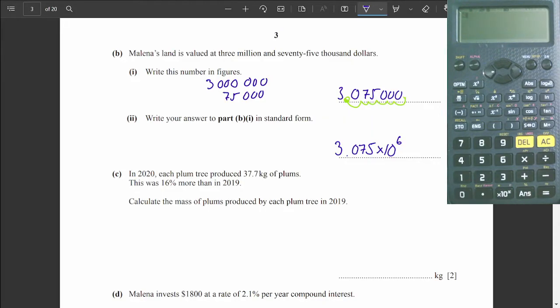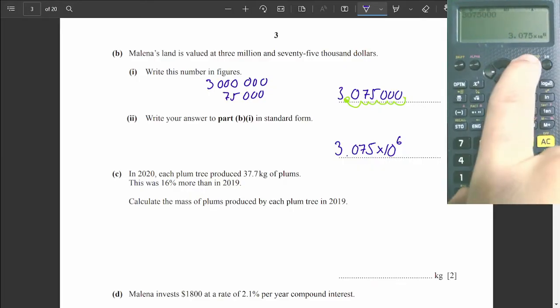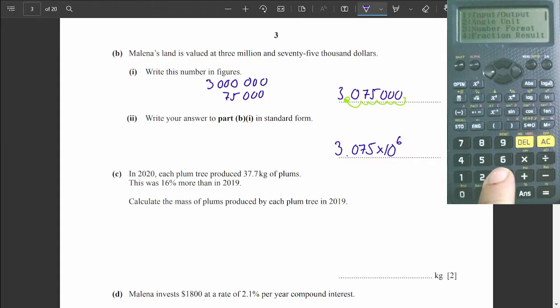So now if I put the number 3,075,000 into my calculator, it will automatically change everything to standard form. If you want to change it back, you press Shift, Setup, change the number format to press 3. I want it on normal, so I press 3, and then you press 1 or 2. Then the answer is back where we were.